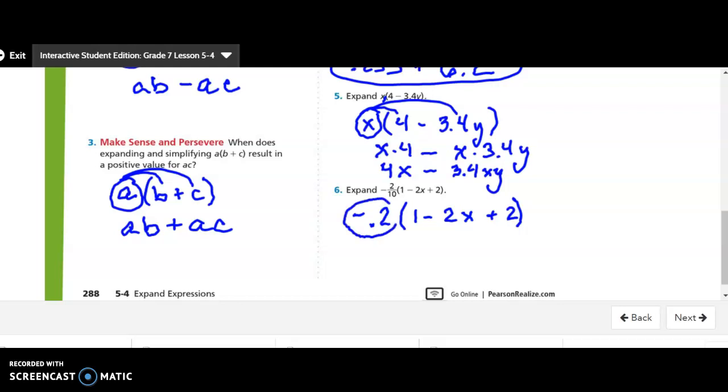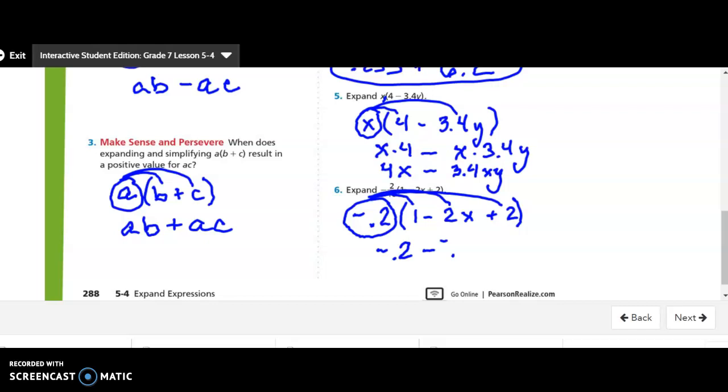So my BOM is negative 0.2, and I'm going to multiply that in by every single piece. So negative 0.2 times 1 is negative 0.2, minus, and now here, negative 0.2 times 2 is negative 0.4.